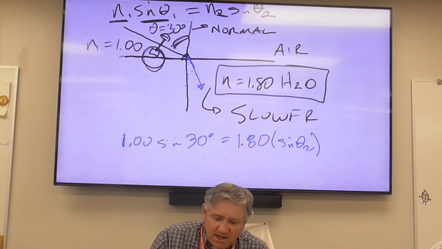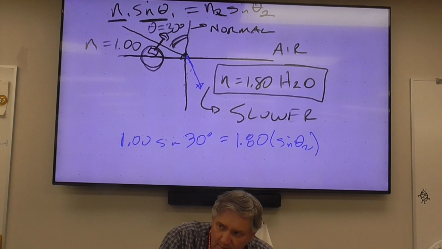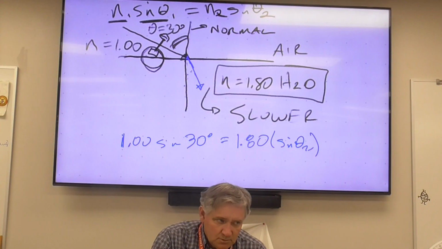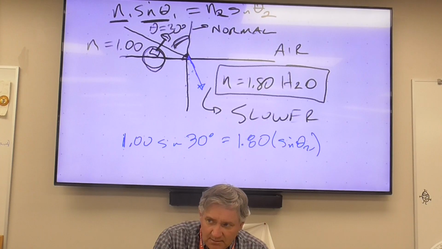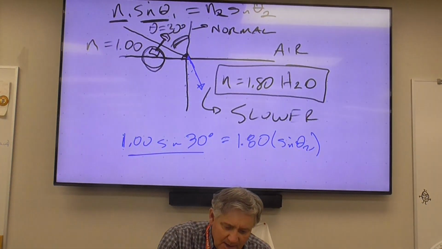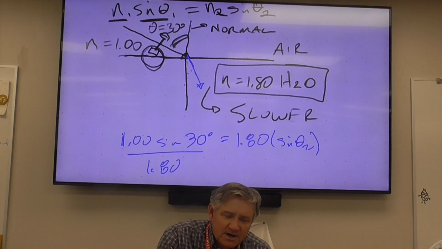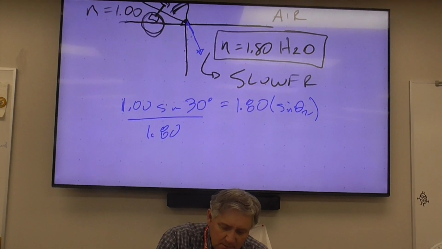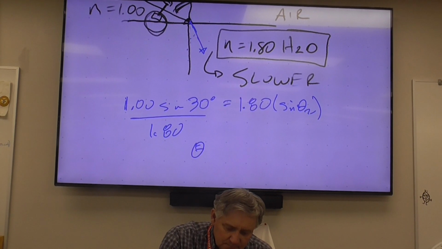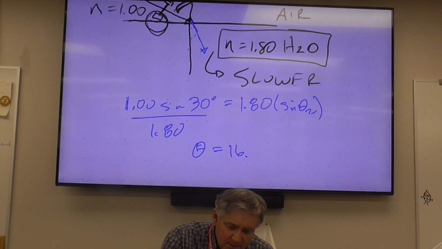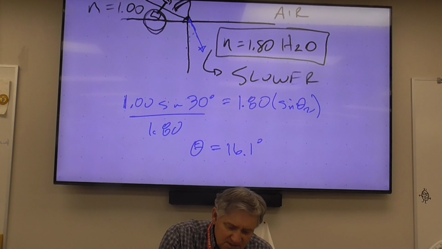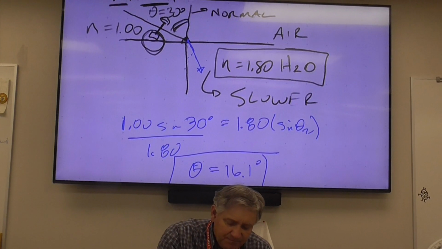Take 1 times the sine of 30 divided by 1.8, and then take the inverse sine, right? So somebody do the math, and make sure you're not in radian mode. 16.13. What did you get? 16.13. So call it 16.1 degrees.